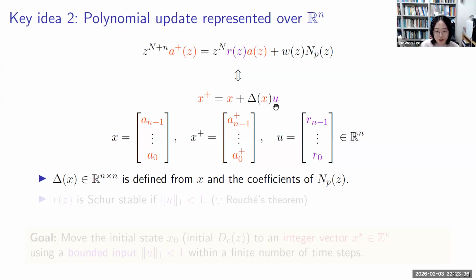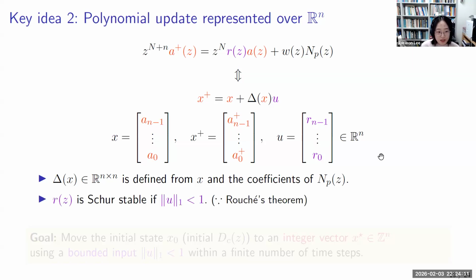And here, u is a vector of coefficients of R(z). And here, the matrix delta x is defined from the vector x and the coefficients of NP. So now we have a dynamic system with state x and input u. And that makes sense because our current polynomial A is the state and u is of our choice.